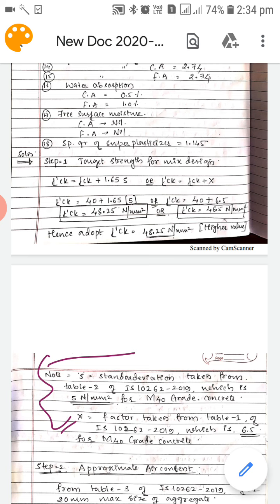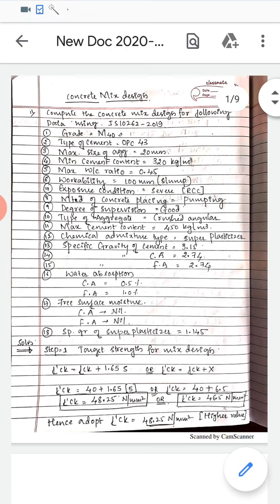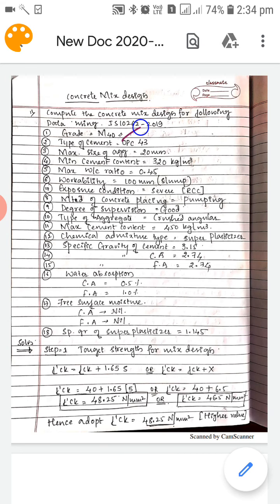So the target strength is the strength that is expected out of this concrete mix design. It is always greater than the grade of the concrete that has been given in the question.